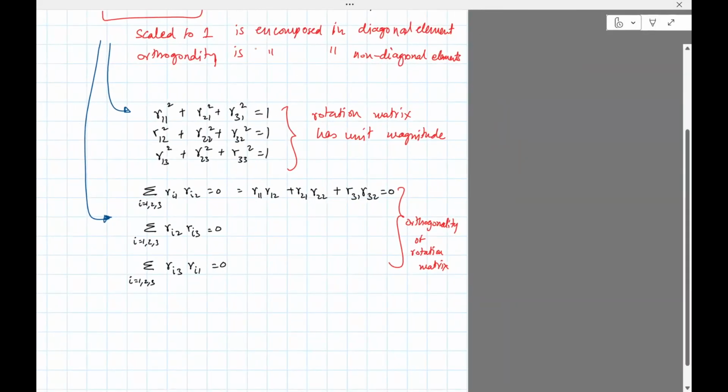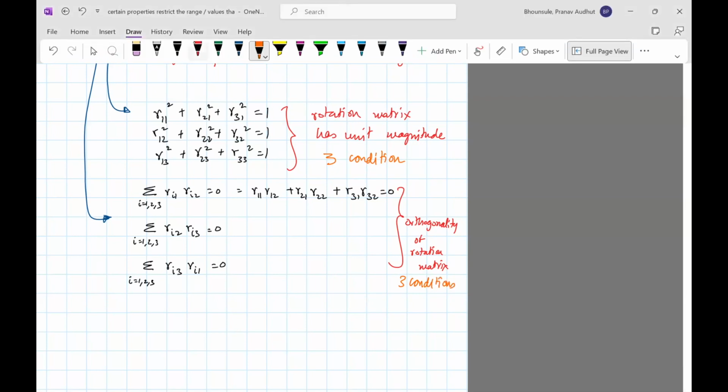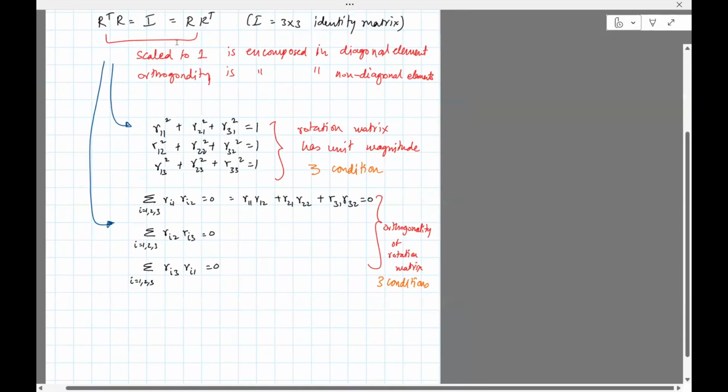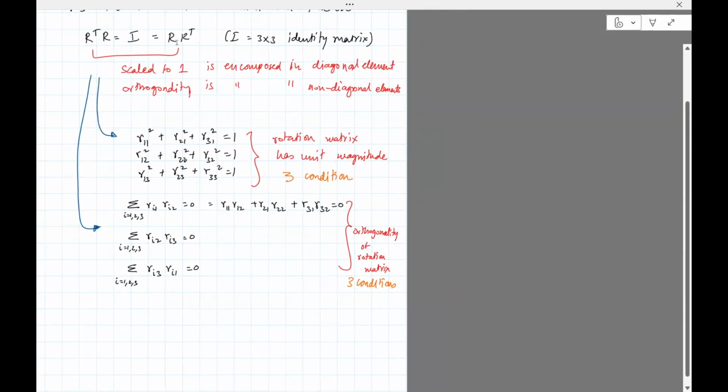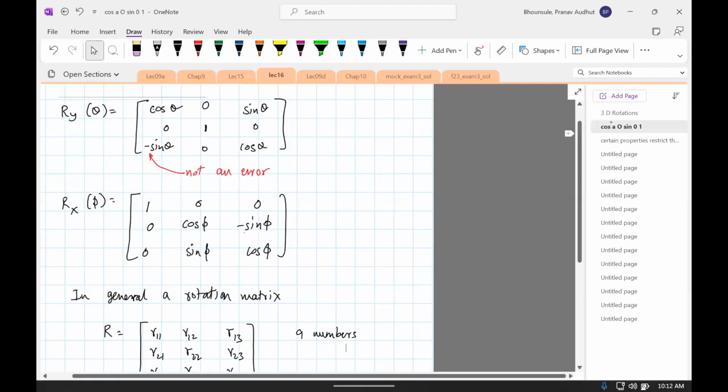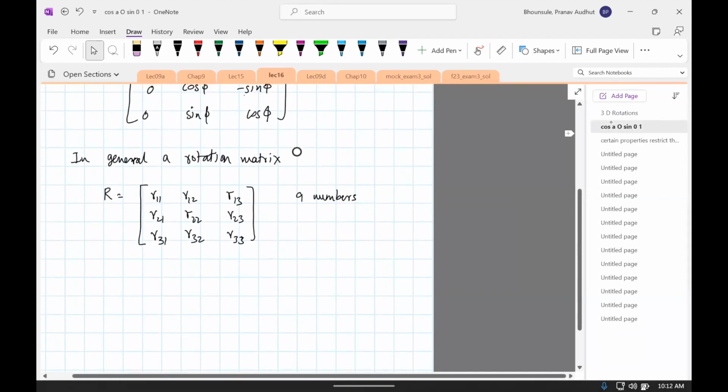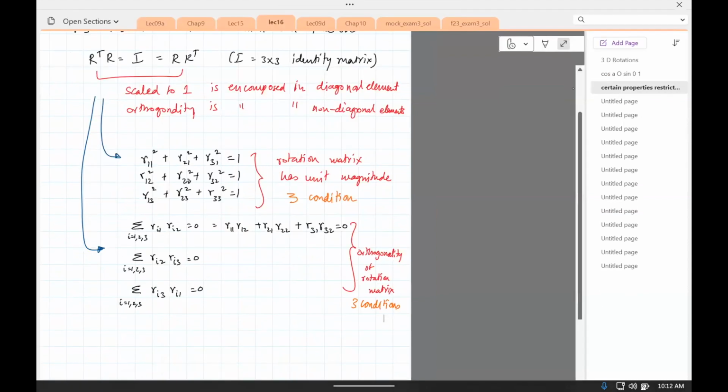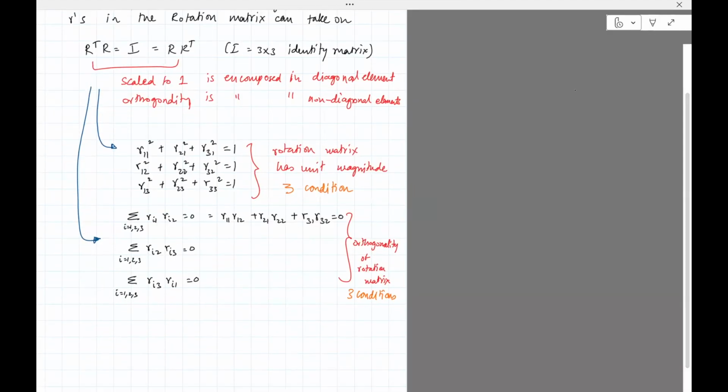Okay, so these are 3 conditions, and these are 3 conditions. Orthogonality and unit magnitude. And so what we have here is, if you go back, I said, well, there are 9 numbers which describe a rotation matrix. Well, these 9 numbers are not free. They are constrained. They're constrained by these six conditions, 3 for unit magnitude, 3 for orthogonality.